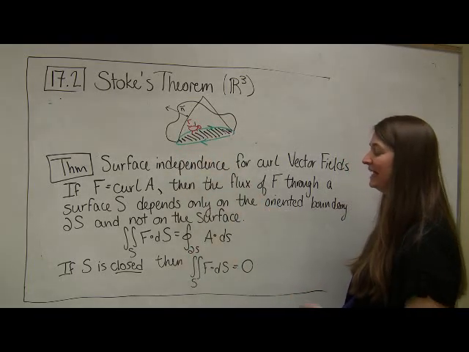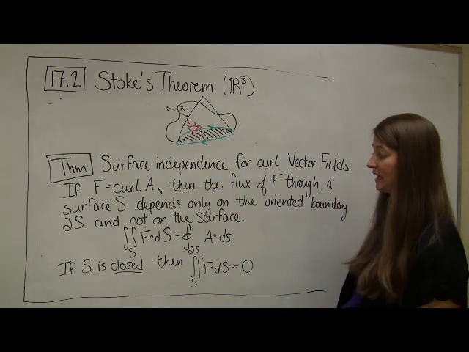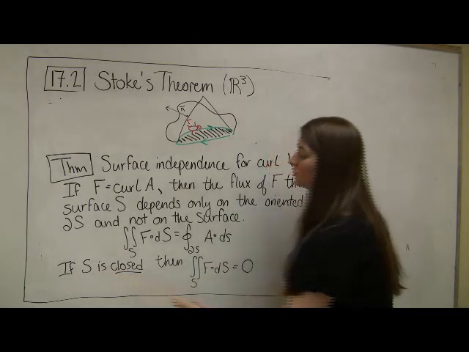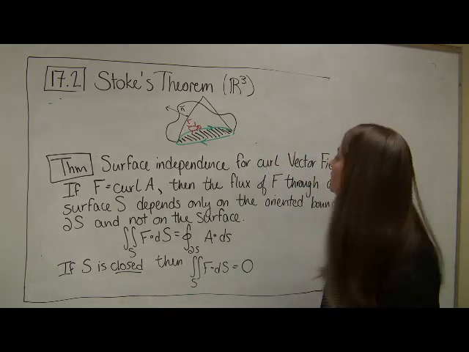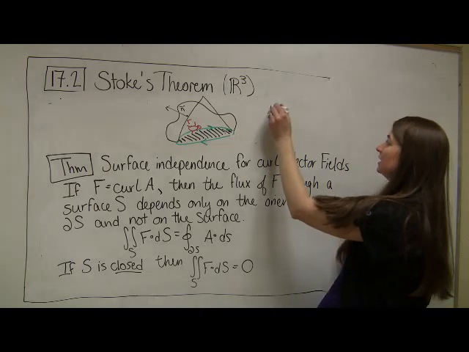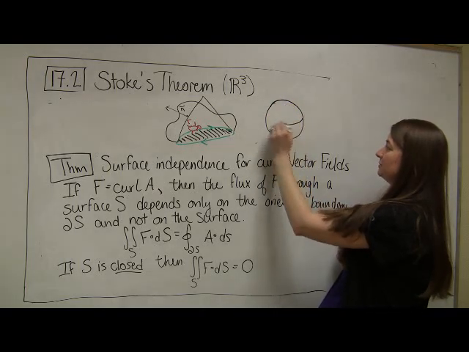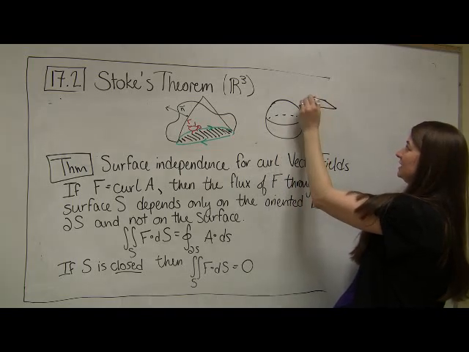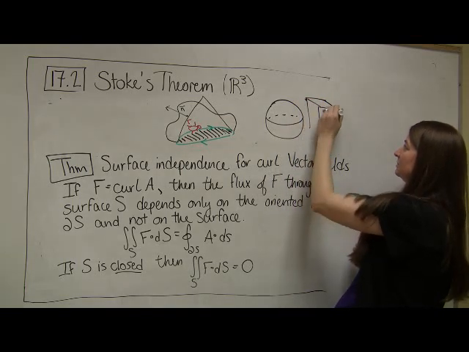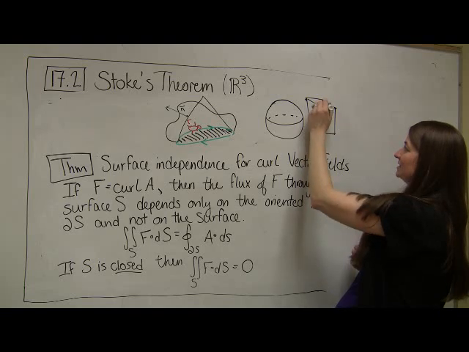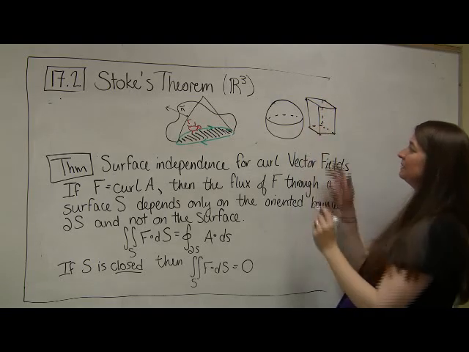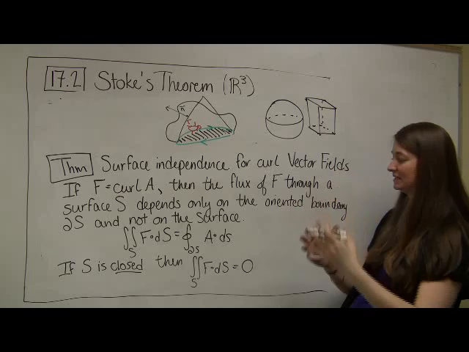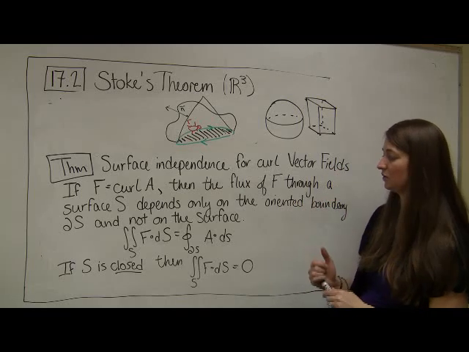In particular, and this is an interesting side point, if S is closed, so recall we had our closed surface that was a sphere, anything that doesn't have any holes to be able to get from the inside to the outside, it doesn't have to be exactly a sphere. Even a rectangular box, something like this where it had all of its sides, there wouldn't be any boundary because there's no way to get from the inside to the outside of that surface. There are no holes.